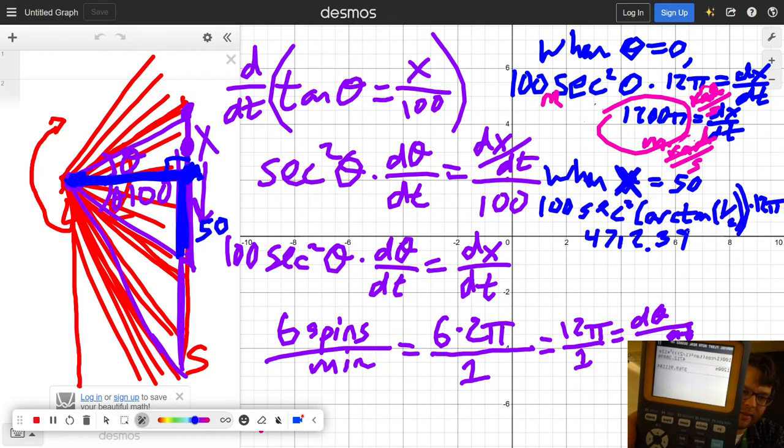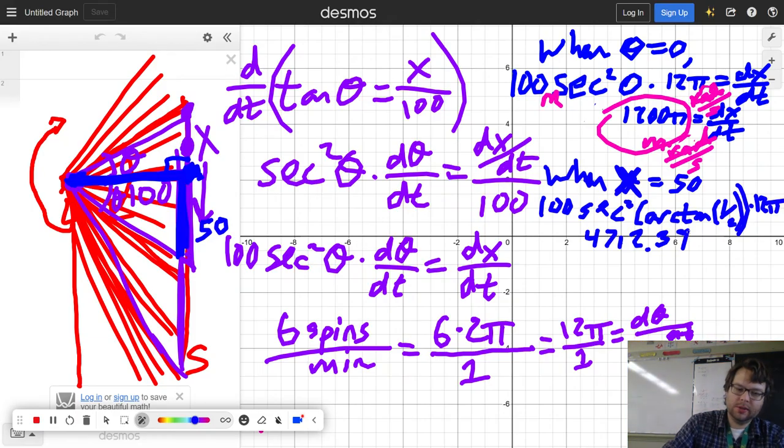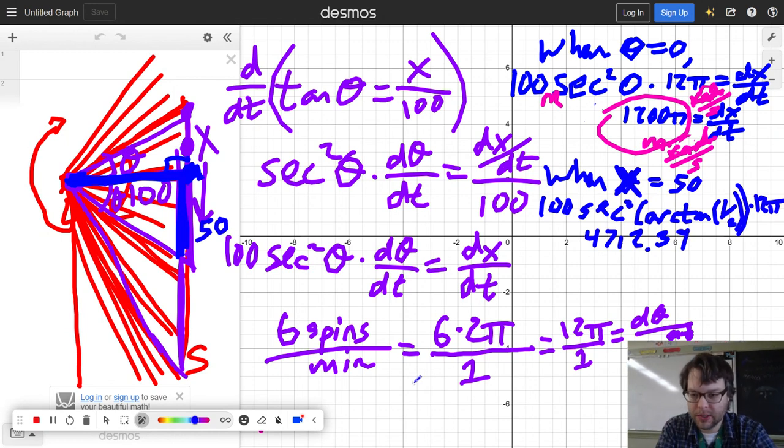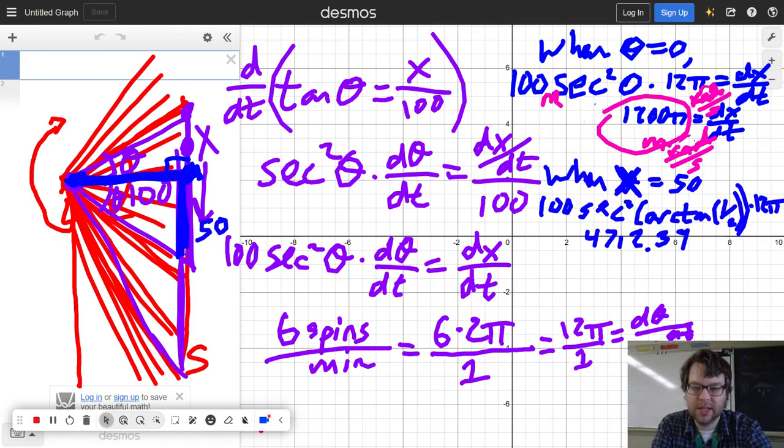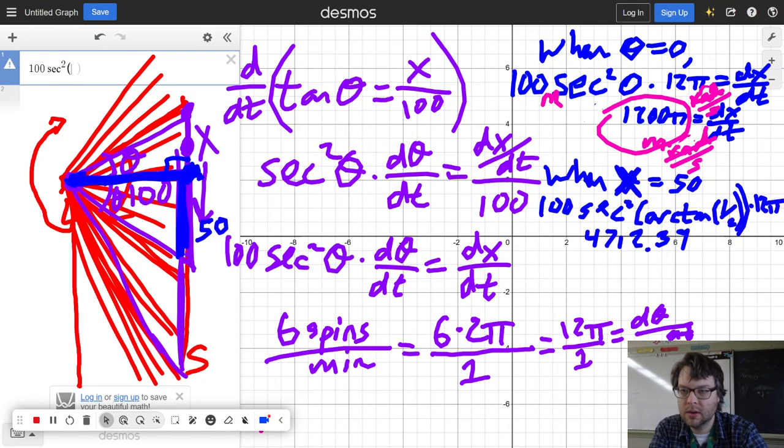So you can see it's getting faster. If we increase the speed more, it'll get faster and faster. Okay, so let me show you this as a function. So let's type it in. We have that our dx/dt is 100 secant squared of x times 12 pi.